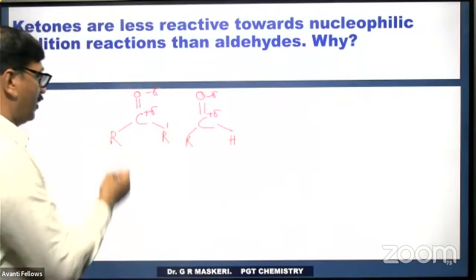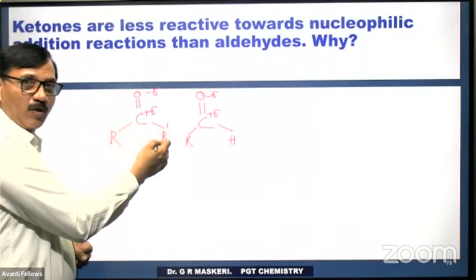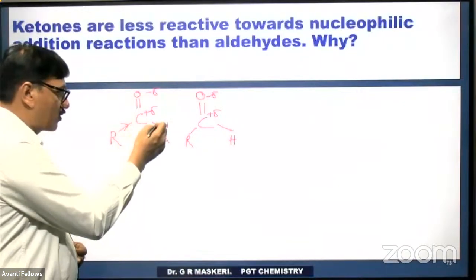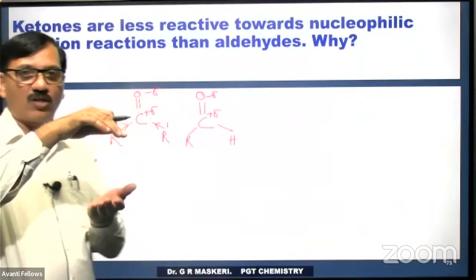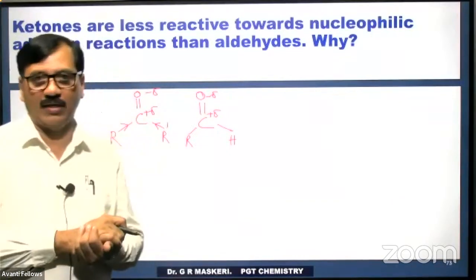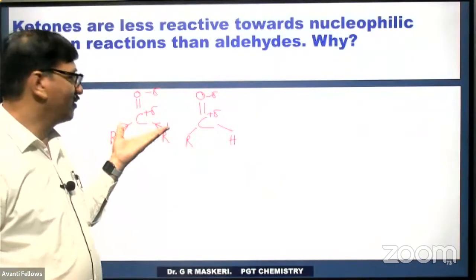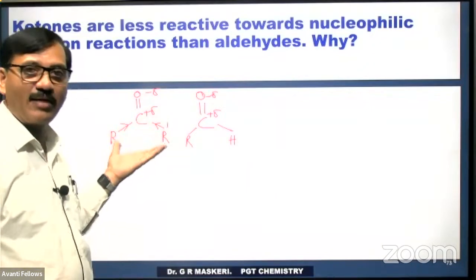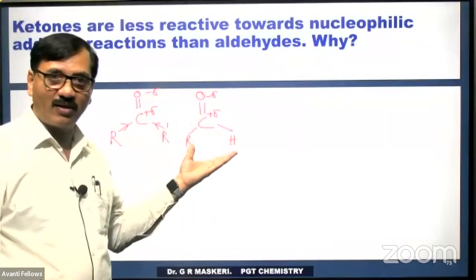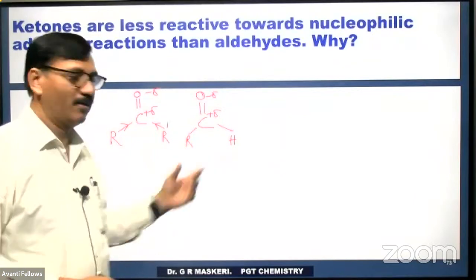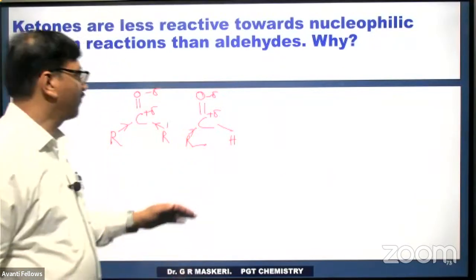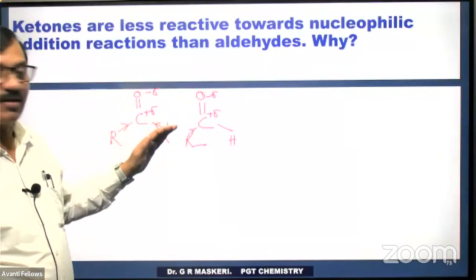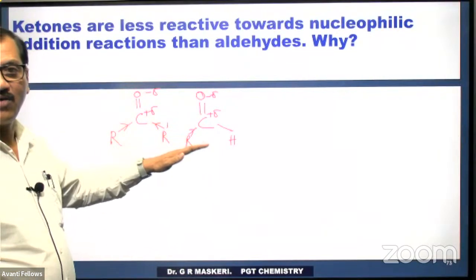Now these alkyl groups are considered to be electron releasing groups. These electron releasing groups compensate the positive charge on the carbon. They decrease the positive charge. Hence, the reactivity reduces. Whereas in the aldehyde, there is only one alkyl group, so it has less effect of this kind.